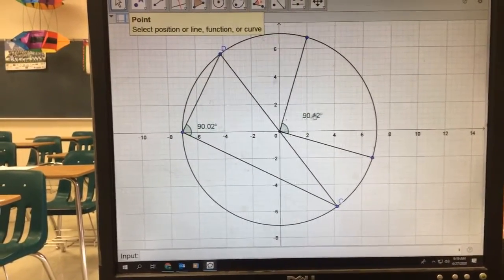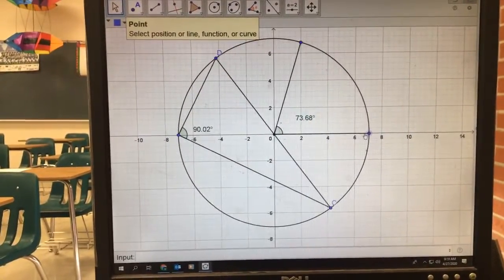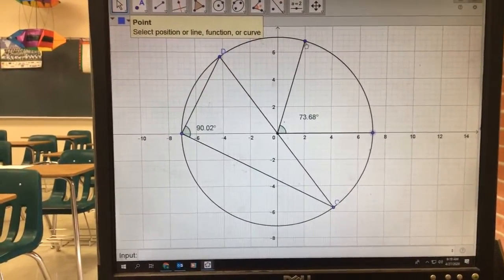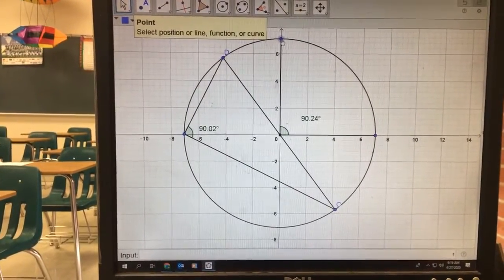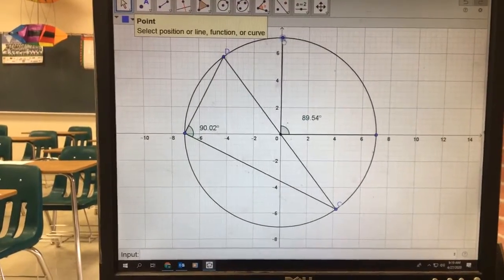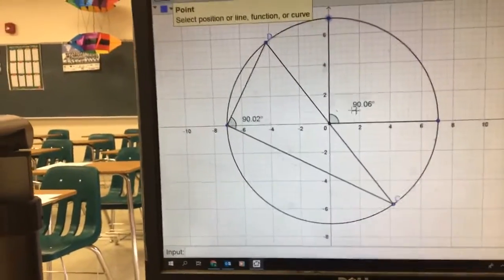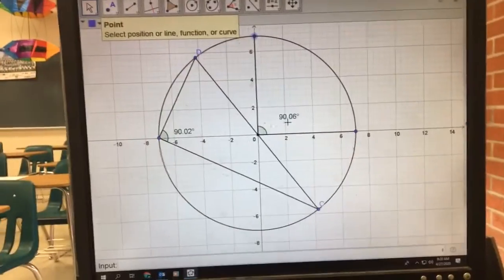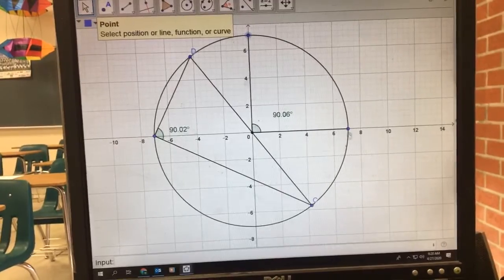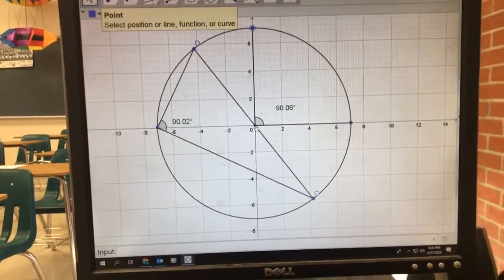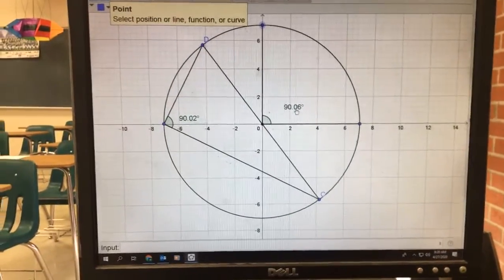I'll rotate these points so that I'm taking up exactly a quarter of the circle, or 90 degrees, because you know that a circle has 360 degrees. Darn close. You can see I've got something really close to a 90-degree angle here, and that is intersecting a quarter of this circle. So a central angle intercepts an arc that is equal to the measure of the central angle.